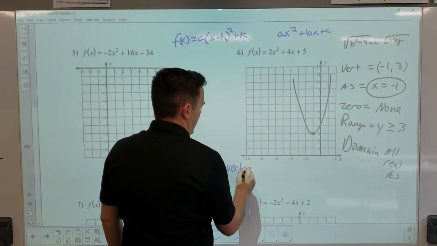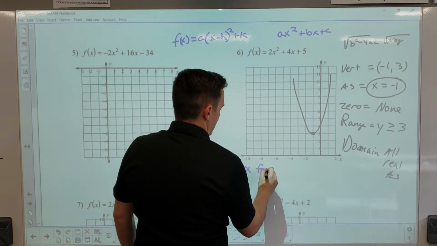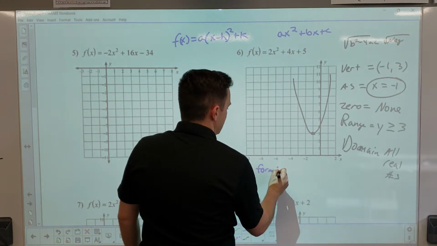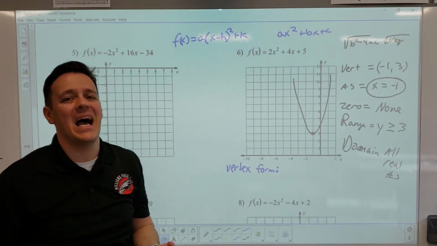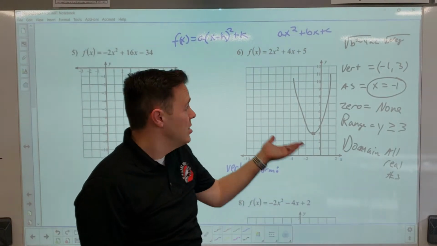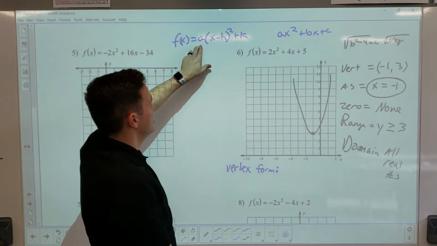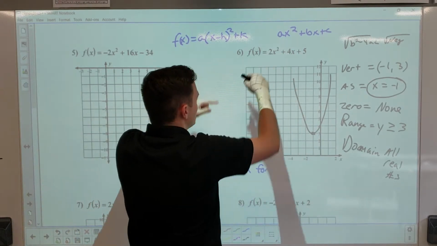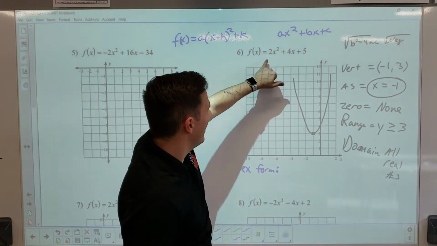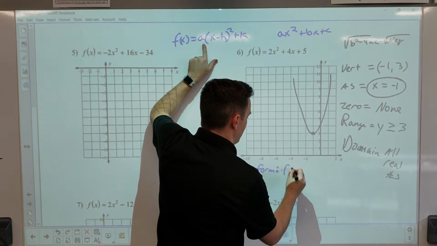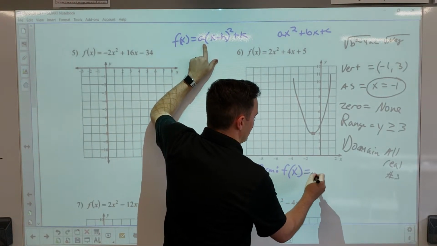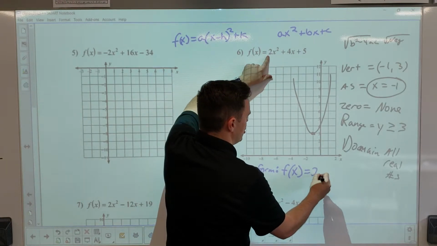We're going to put vertex form right here. By looking at these two equations, what do these share in common besides the letter x? They both share the same letter a. So this a right here is the same thing that begins the vertex form. So it's f of x equals a, which in this instance is 2.